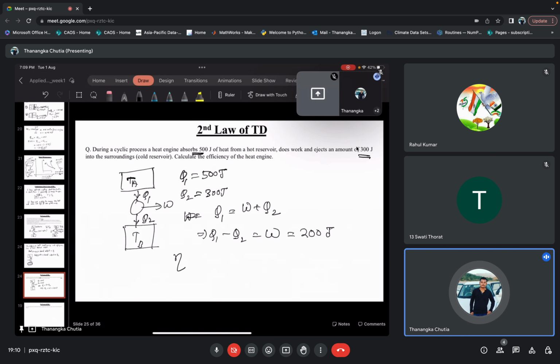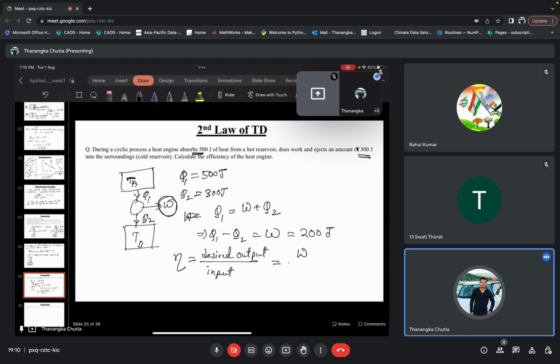So what is efficiency? The formula for efficiency is nothing but desired output by input. Now what is the desired output for a heat engine? The desired output is this W, because the main purpose of the heat engine is to extract some amount of work while taking heat from a high heat reservoir.